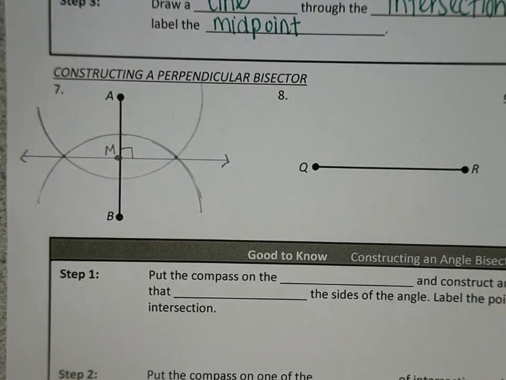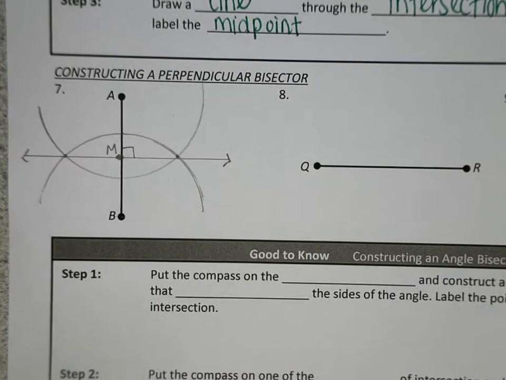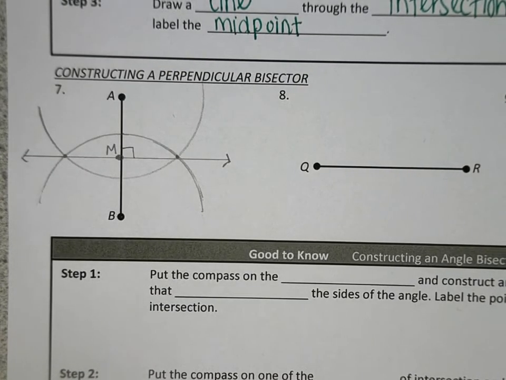And guys, I think that's all we're going to have time for. So while you are doing those two perpendicular bisectors for 8 and 9, I'm going to pass out your homework.